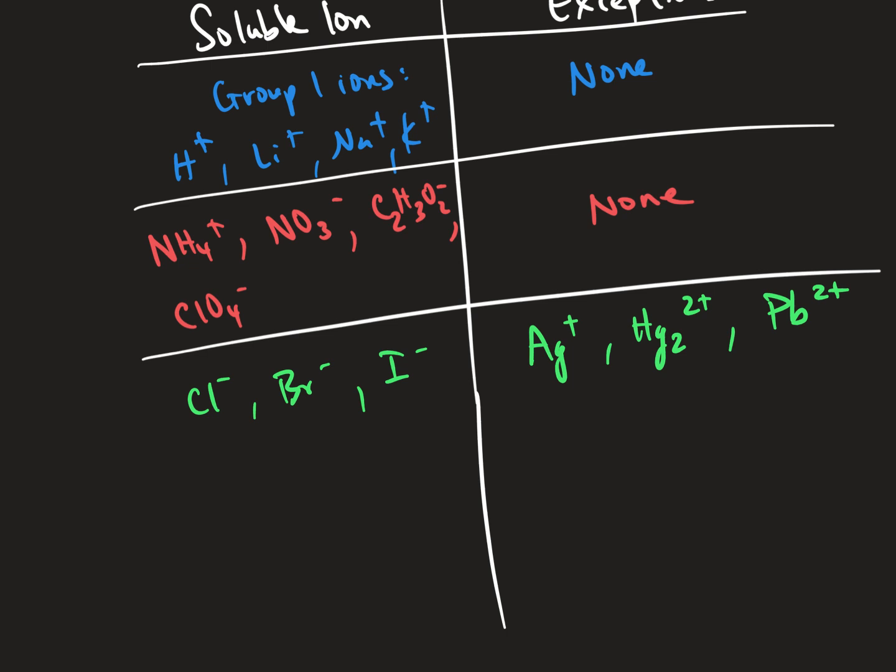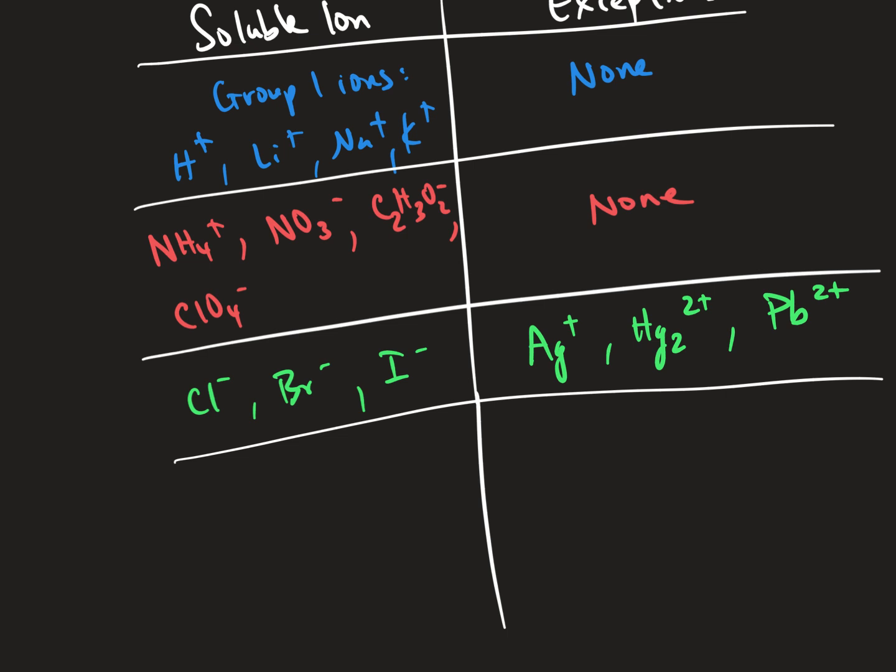When it's bonded to these, it will form a precipitate, it will form a solid. But with everything else, it's soluble. Does that make sense? We just need to practice some so we can make sure and use this.